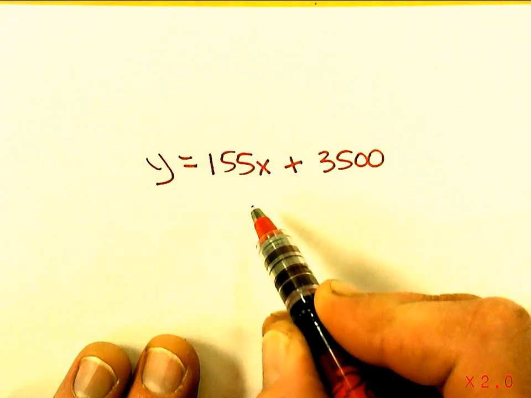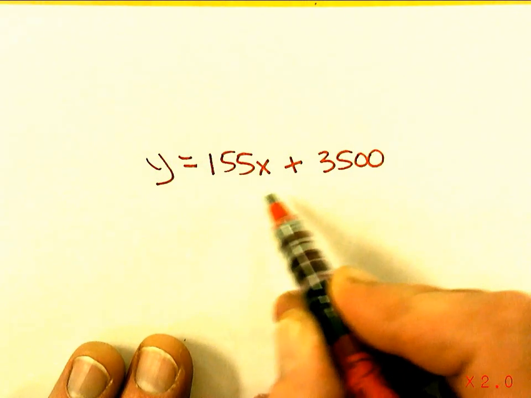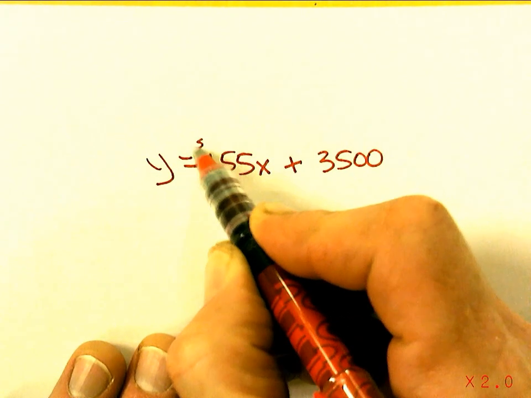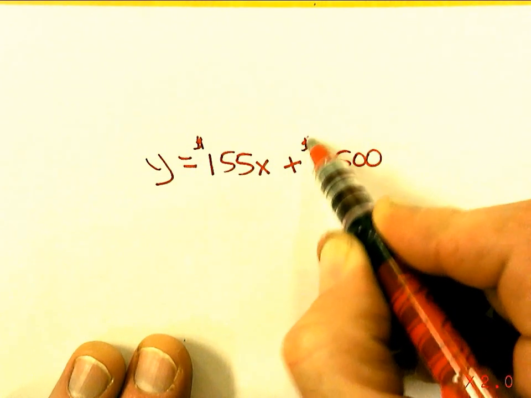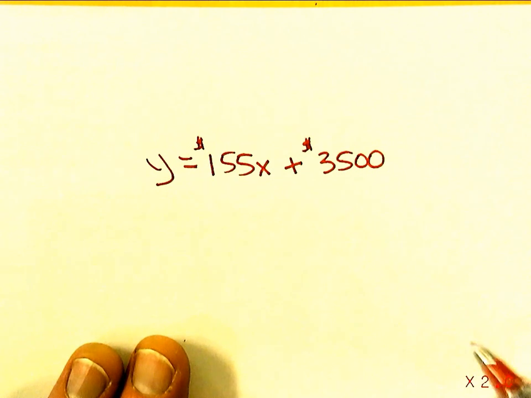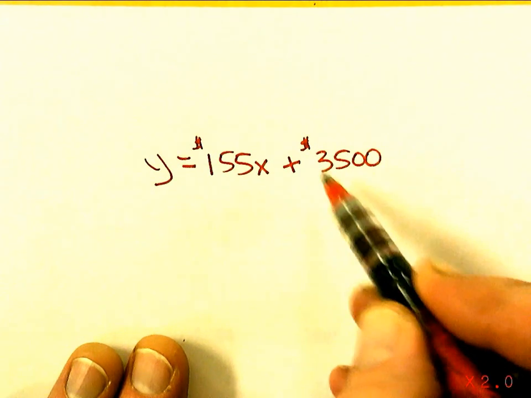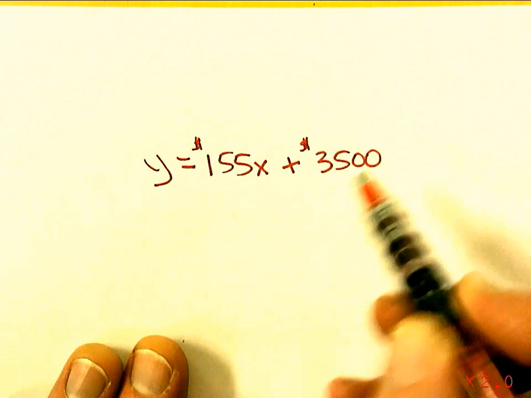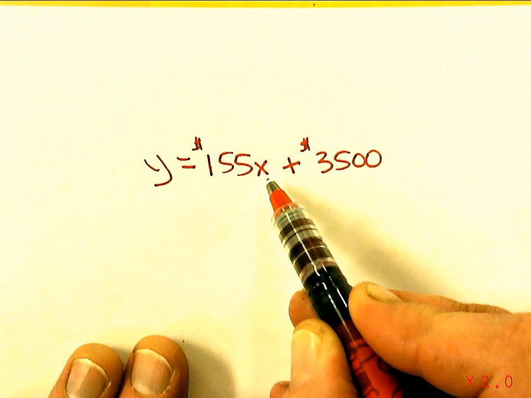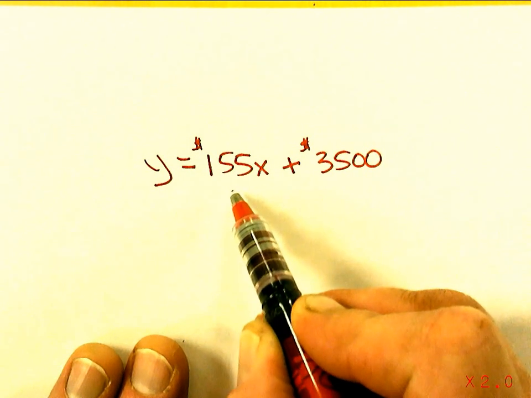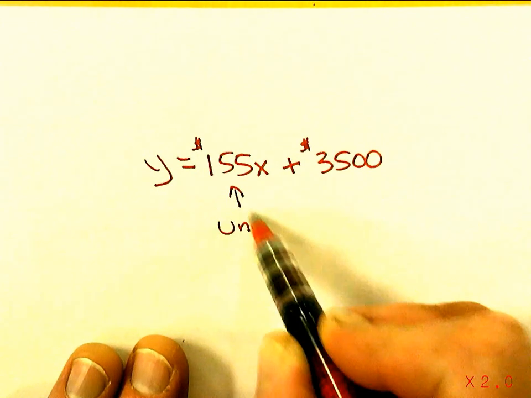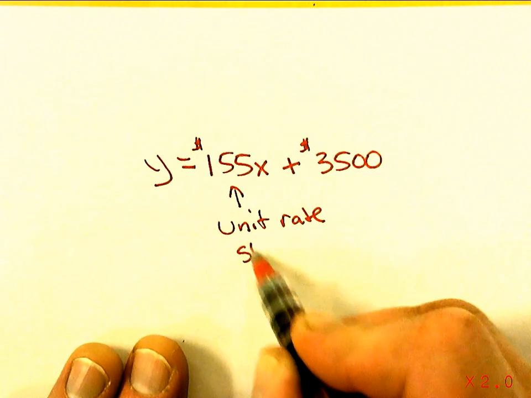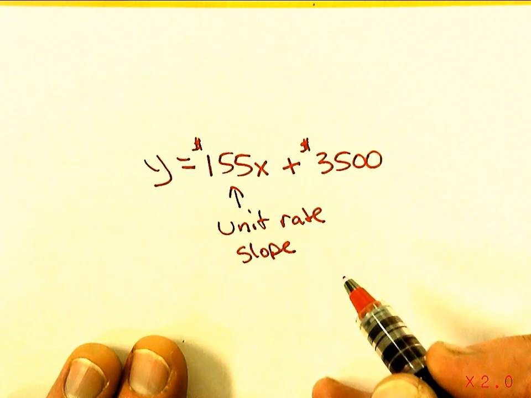If you're thinking about the bridge lengths, and as you increase the length of the bridge, this is really money, this is cost, and so is this, that the cost of painting a bridge is sort of a base amount, like $3,500, plus $155 per foot of bridge. This is a unit rate. And it's really the slope of the line.